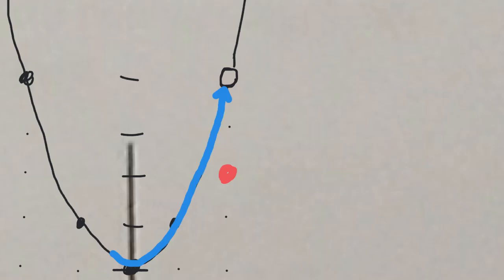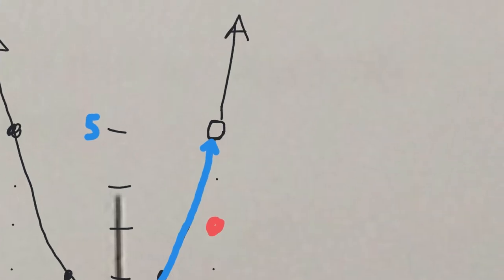What is that y value? 1, 2, 3, 4, 5. So from the left, the graph is approaching a y value of 5. And from the right, the graph is approaching a y value of 5. It looks like those are going to the same place.